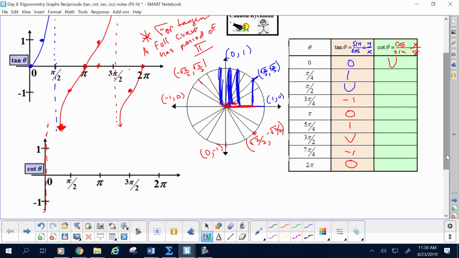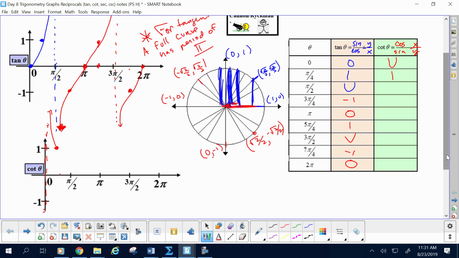Okay, so what about at pi over 4? 1. Now that's good because that tells me how it's going to approach infinity. As we get closer and closer to the asymptote, doesn't it feel like it's going to be positive?